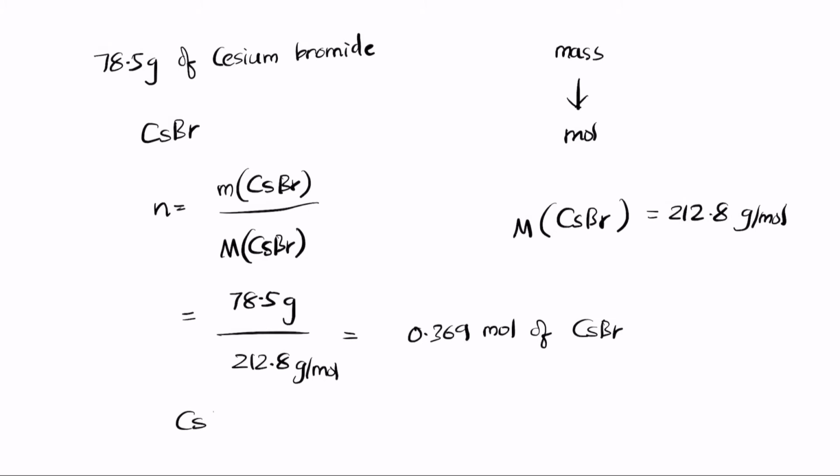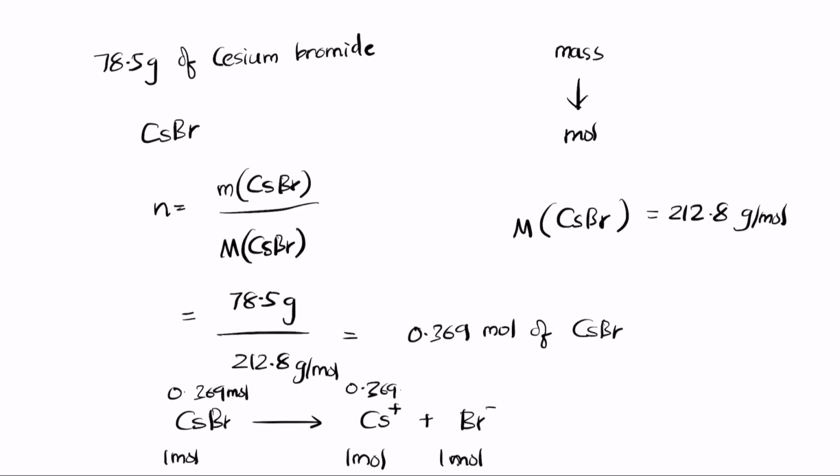Now we know that cesium bromide splits into Cs plus and Br minus. So for each mole, the ions are also 1 mole each. So if cesium bromide is 0.369 mole, then cesium is also 0.369 mole. Bromide is also 0.369 mole. So this is how we can split the values.